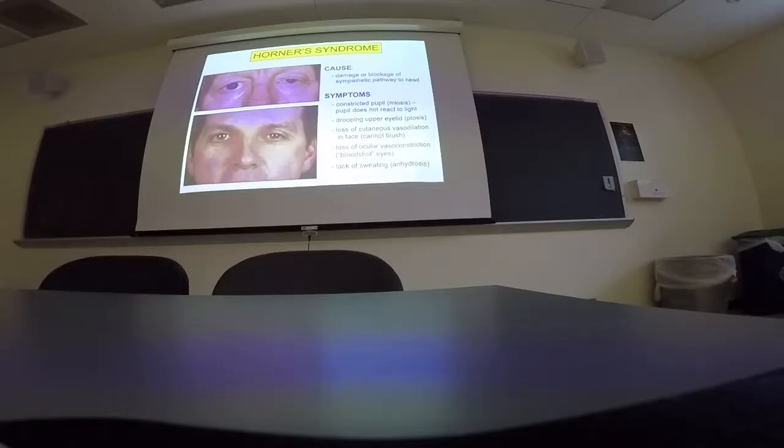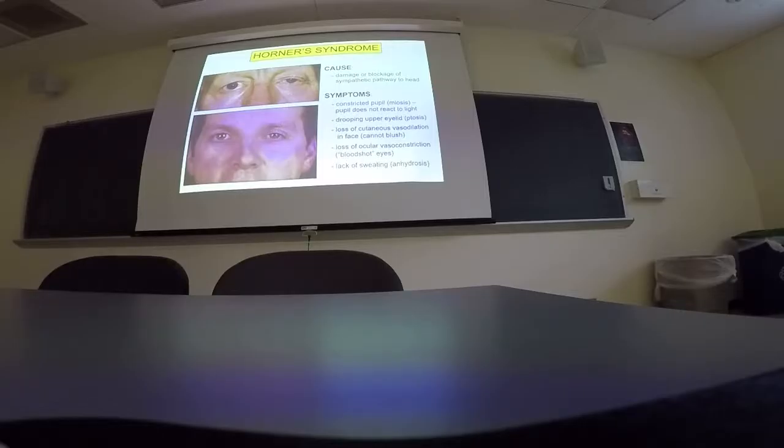So the eyes have very tiny little pupils, because usually when you go into darkness, the pupil will expand. You go into darkness and the pupil does not expand. It stays constricted because it's missing the sympathetics, which would cause it to dilate.